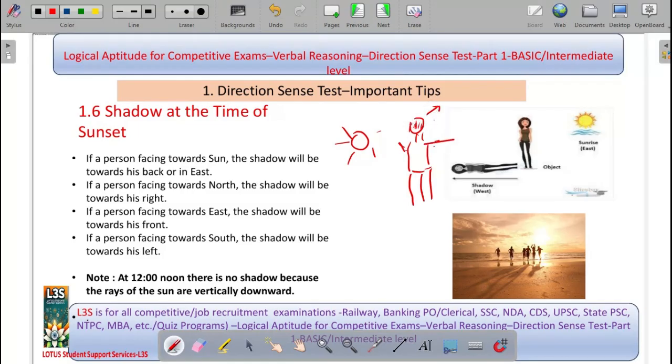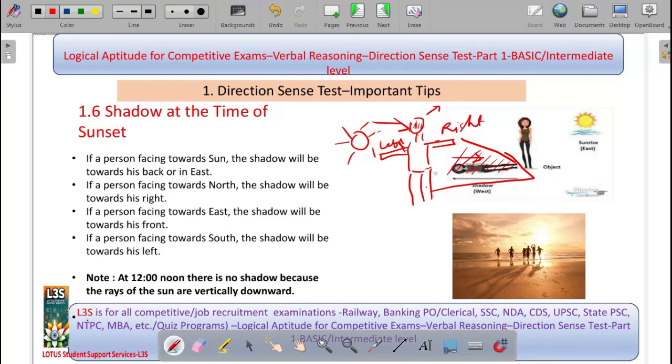So this side will be his right and this side will be left, and this ray is coming from this side, so his shadow will go towards the right side, in this direction. His shadow will go towards the right side.